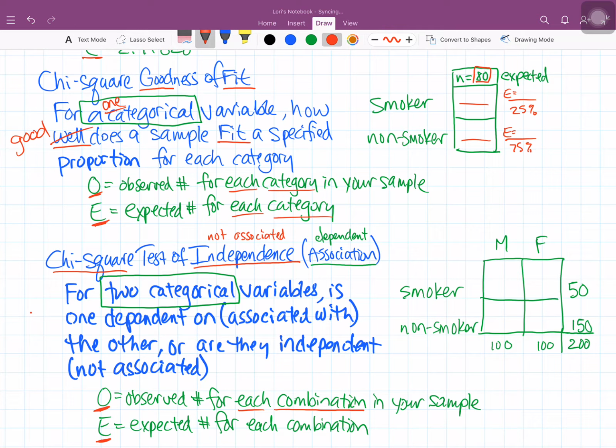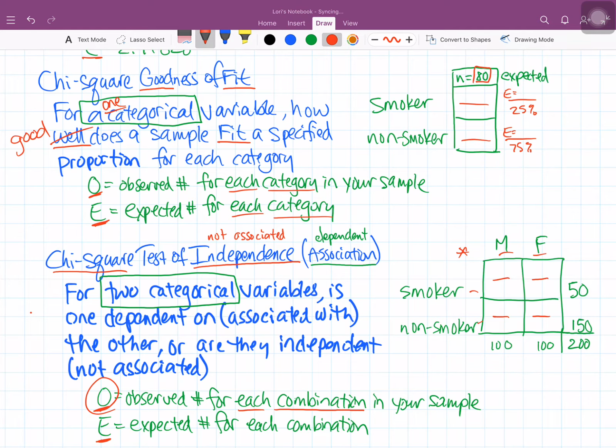So in this example that I have over here on the right hand side, I have smoker, non-smoker, male and female, and I need to know this observed value for each combination. I need to know how many male smokers I have. I need to know how many female smokers I have. I need to know how many male non-smokers I have and how many female non-smokers I have.